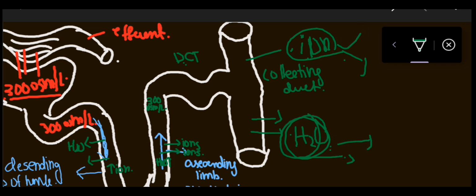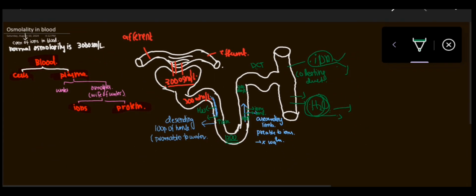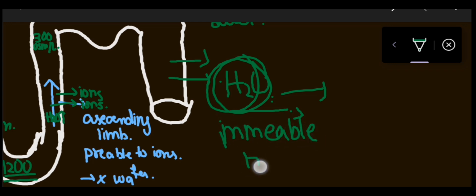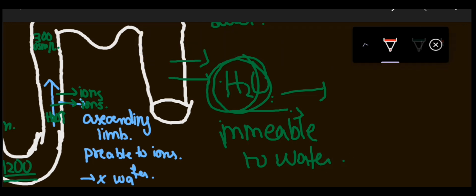So here you can see, the DCT and collecting duct are impermeable to water because antidiuretic hormone is used. If this is impermeable to water, this means it is permeable to ions, so more ions will be released.